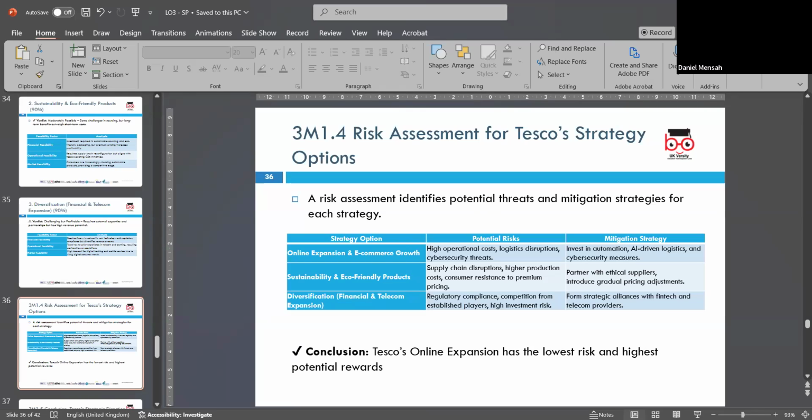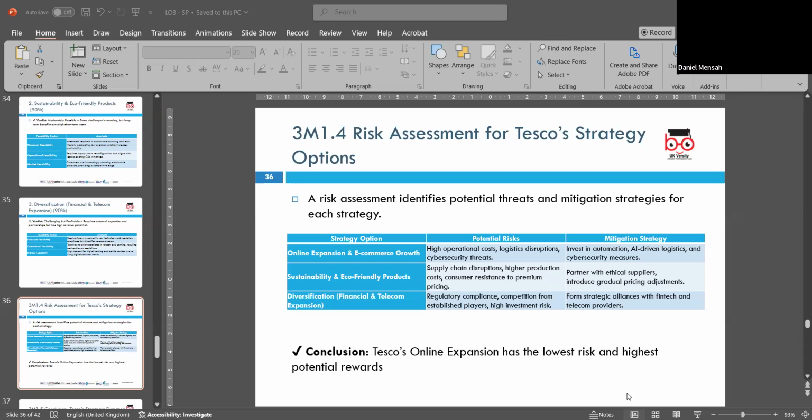So if we talk about risk assessment, it helps to make the right choice for a strategic option, and it helps us to evaluate the risk level. I mean, we know how likely and impactful a risk is, and what mitigation strategies we have to deal with this risk, how we are going to reduce or manage these risks.